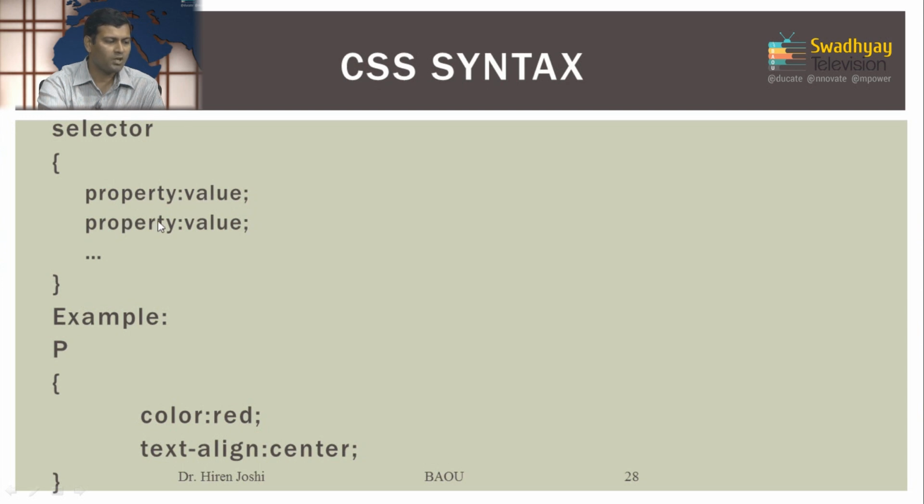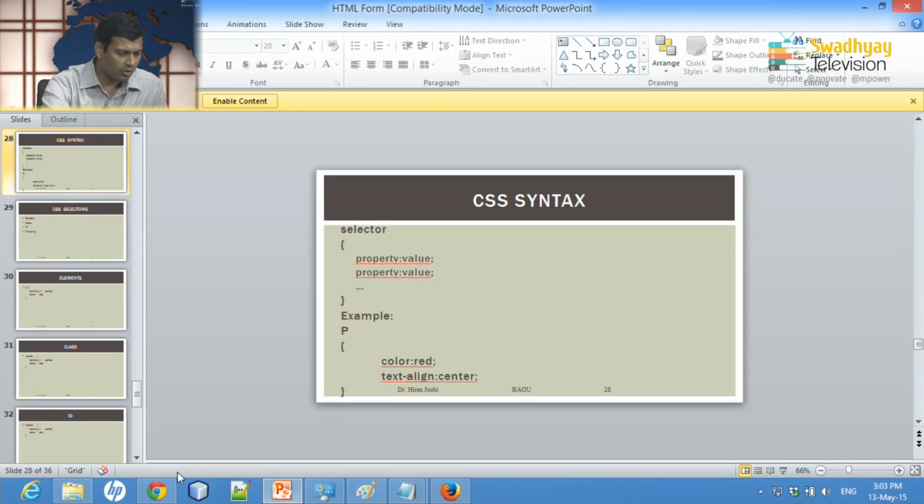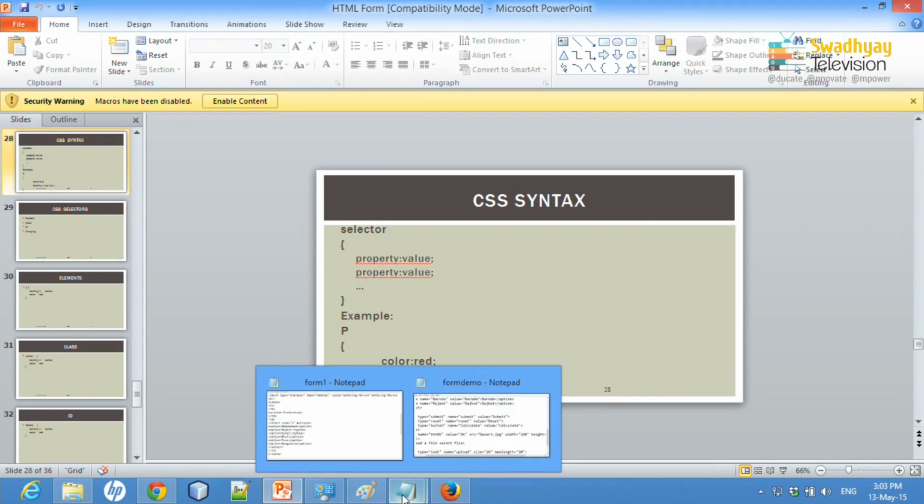Then another property, colon, its value, and semicolon. You can define as many properties as you like in that particular selector. For example, if you want to define a selector for the P element, meaning paragraph of HTML, you can define its color as red and text align as center.